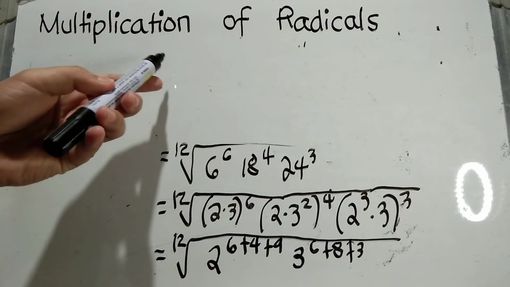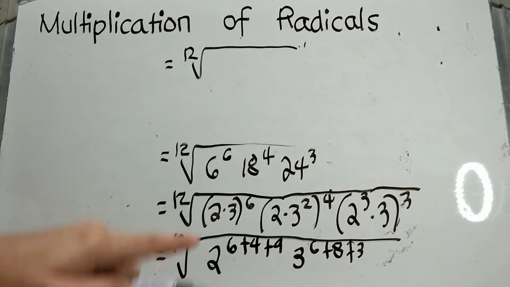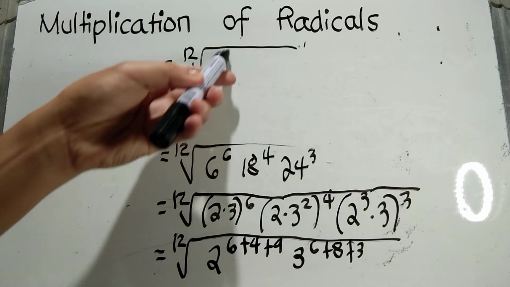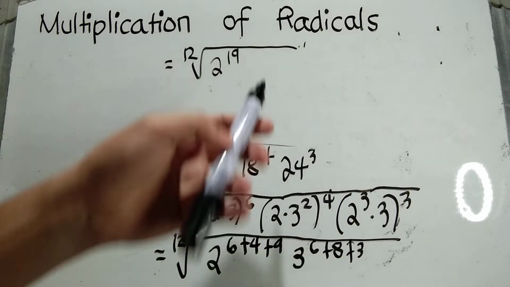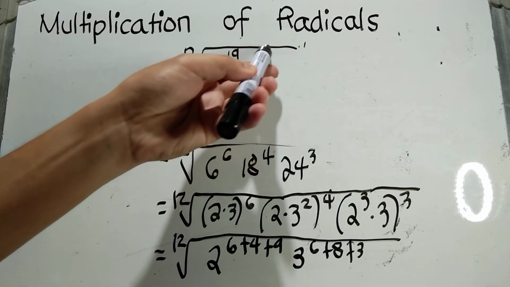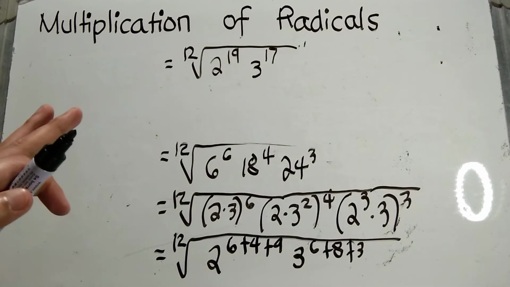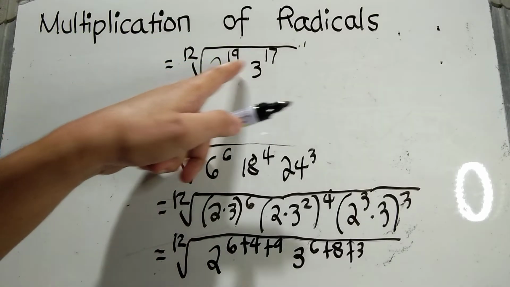Continuation here. We have now the 12th root of 2. 6 plus 4, that's 10 plus 9, so this is now 2 raised to the power of 19. And then 6 plus 8, that's 14 plus 3, so that's 17. So 3 raised to the power of 17. Now, make sure that in a radical expression, your index must be greater than the exponent of your radicand.